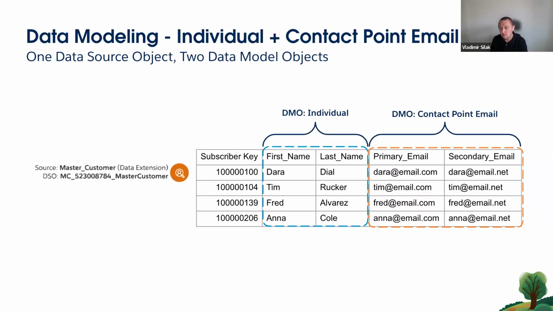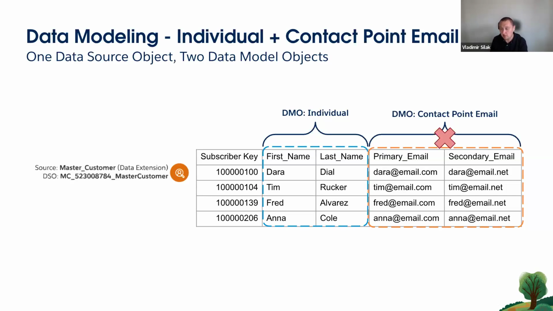Therefore, when we're doing the mapping, because Data Cloud is normalized, you would say, okay, I want to get the subscriber key, first name and last name mapped to individual. That's fine. And then you say, well, let's just, for the sake of it, use primary email as a primary key, and then primary email value itself as the contact point email. That's fine. But then the secondary email address is getting lost because you can't map the same record more than once into the same DMO. So that relationship is really not quite working out for us.